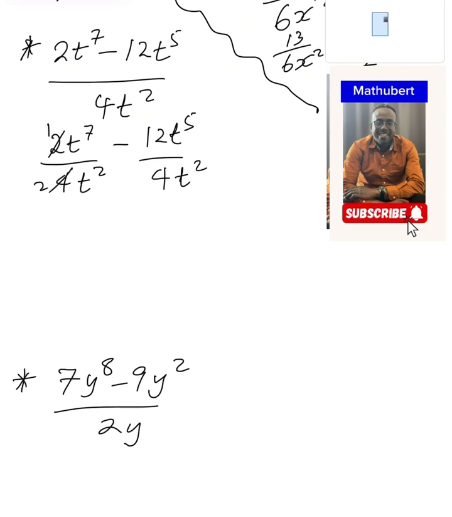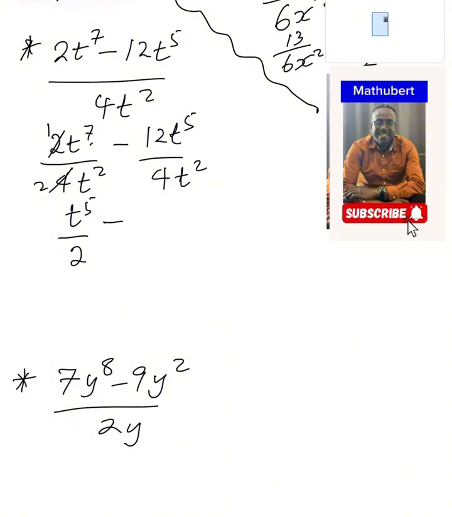Then we subtract 7 minus 2, which is 5. So we shall have t to the power of 5 at the top, and down we shall have 2. That's the first one.